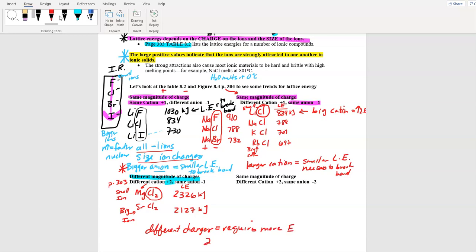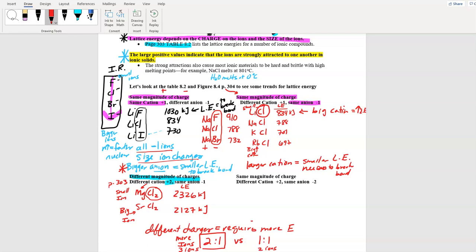So when you have what's called a 2-to-1 ratio versus a 1-to-1 ratio, you have more ions. You actually have 3 ions over here versus 2 ions over here.